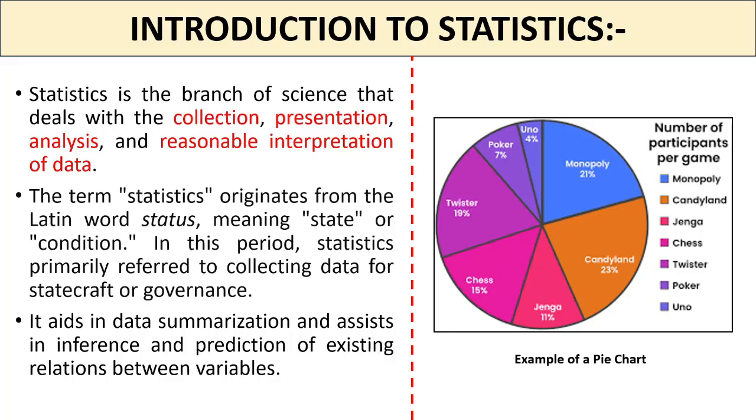We need to shorten our data so we can categorize it in a good way, and also predict what kind of data we are getting, whether it's correct or not, whether the experiment has any significance or not. All this can be done by using statistical analysis.